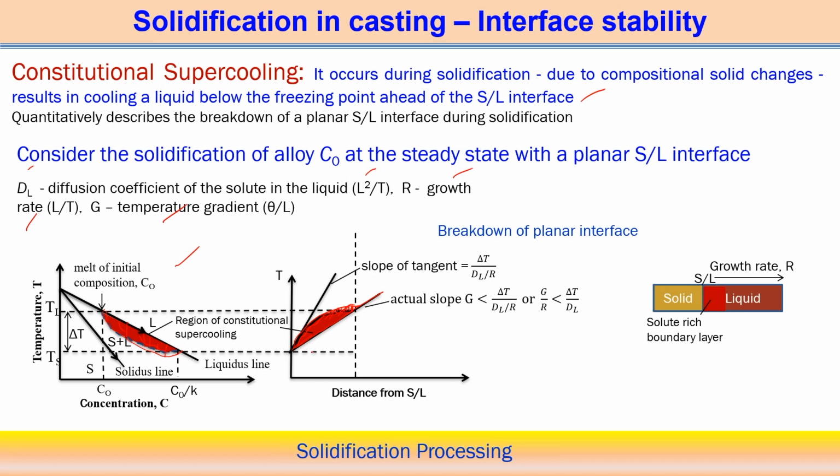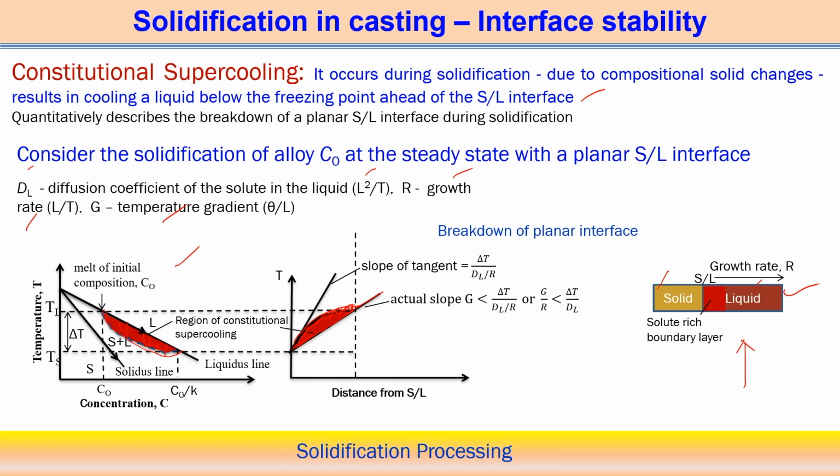Here we represent this another way, and the visibility will be much better if you look at this figure. There is a solidified part and the liquid part, and in between there is a solute-rich boundary layer, which has a certain value. The solid-liquid interface moves at one particular rate, called the growth rate.